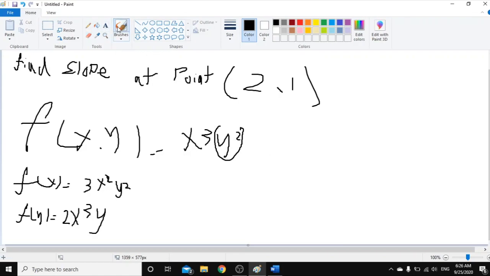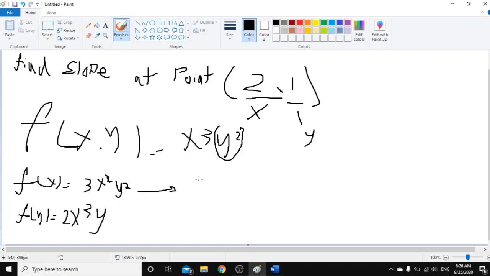Then let's continue. After we made the partial derivative with respect to every variable, we put in the point right now. So 2 is for x and 1 is for y.